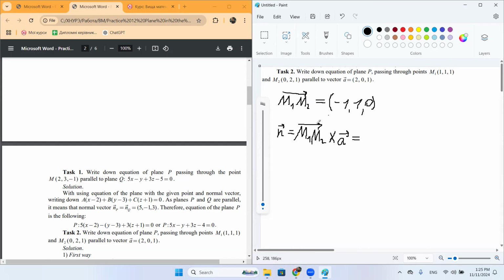As you remember, the cross product of vectors is the vector that is perpendicular to both of them.